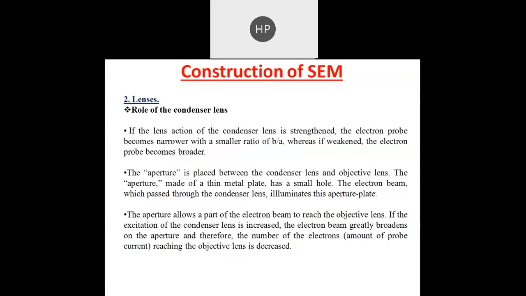Then what is the role of the condenser lens? If the lens action of the condenser lens is strengthened, then the electron probe becomes narrower, with a small ratio of B to A. Whereas if it is weakened, then the electron probe becomes broader.